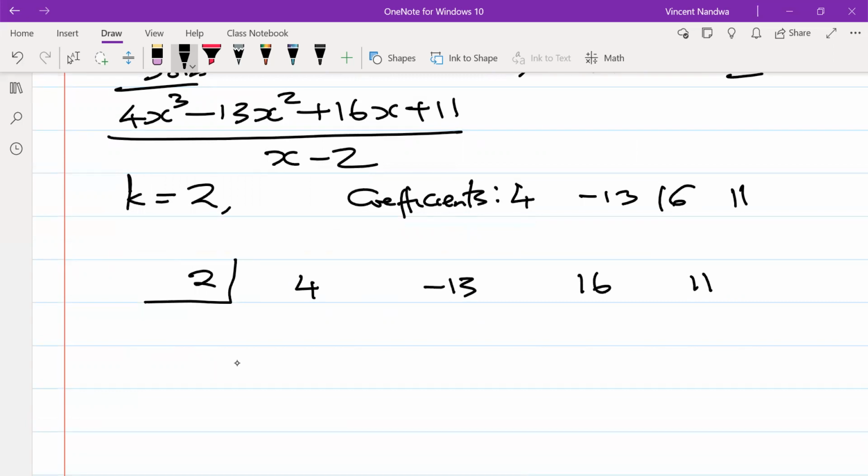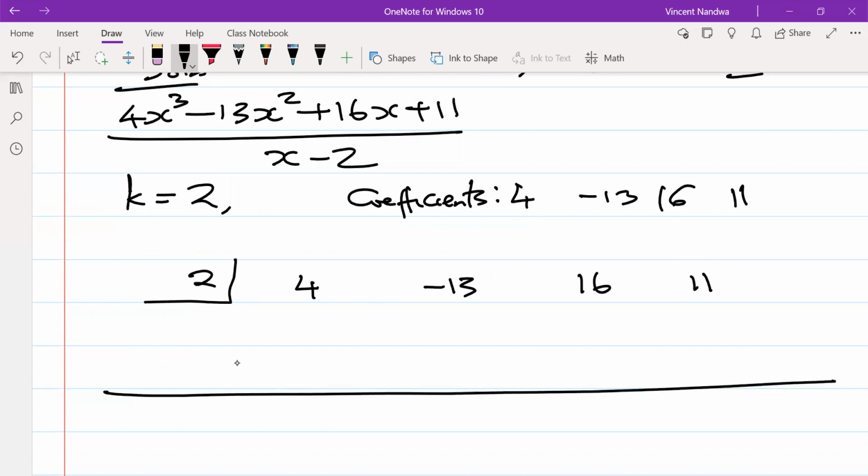So what should I do next? We skip 2 lines, say for example, and then I draw a line. And then I drop the first coefficient 4. I write it here.